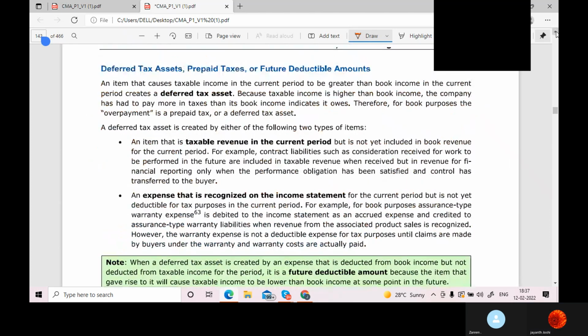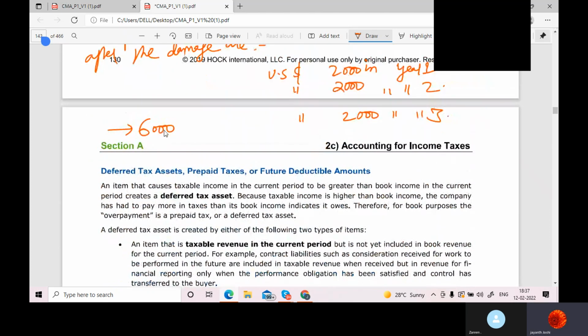So 6,000 is less than 10,000. Okay, fine. So we are not able to recover the asset's value. So the recoverability test has failed actually.